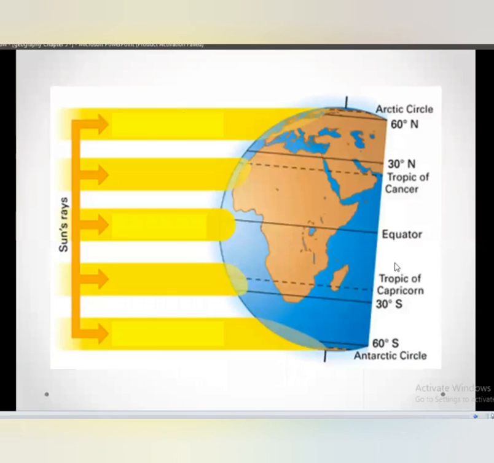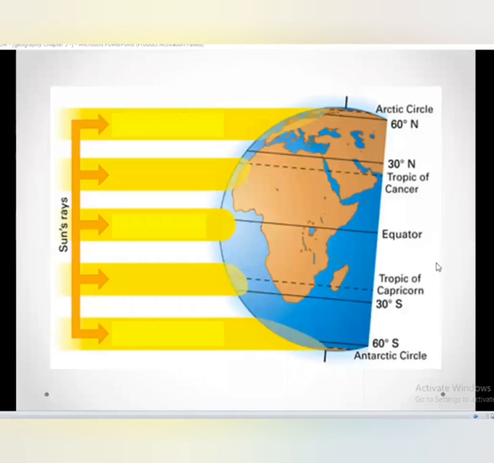Now see in this figure, look at this picture, we observe how sun rays fall on the surface of the earth. About this, we have already studied in chapter 2.